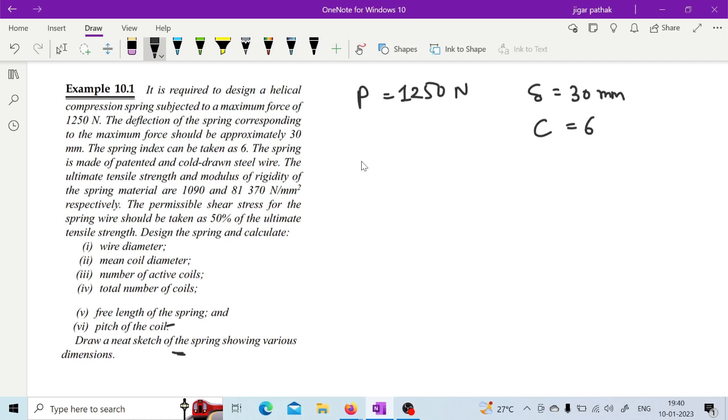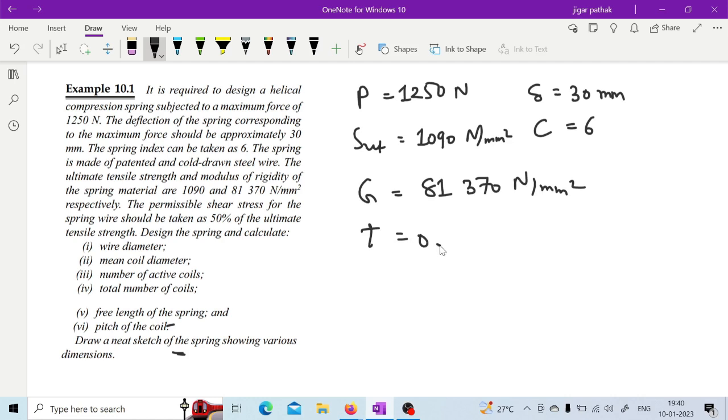Then ultimate strength is given as 1090 Newton per mm square, and G is 81,370 Newton per mm square, and the shear stress you can consider as 0.5 times SUT.